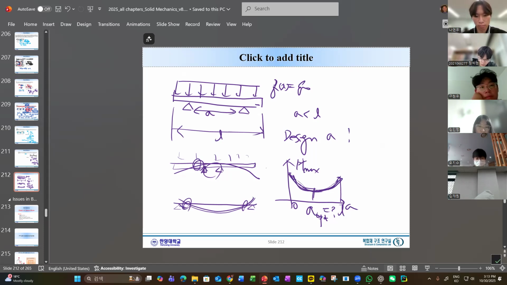And then, oh, this one makes sense because at the optimal A, the bending moment diagram will be like this, giving us the minimum of the maximum moment. Sorry.